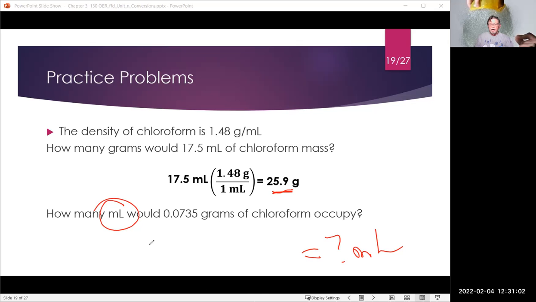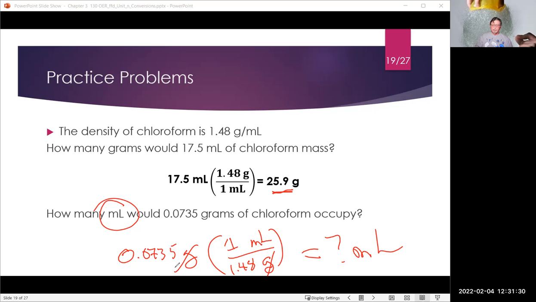So in this scenario, we are weighing out a very small amount of chloroform. Obviously, I need my conversion factor here. I need grams in the denominator and milliliters in the numerator. So now I have 1.48 in the denominator and 1 on top. Check my units. I've set that up properly.